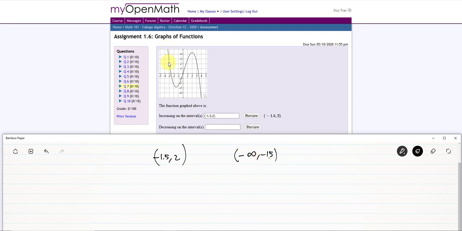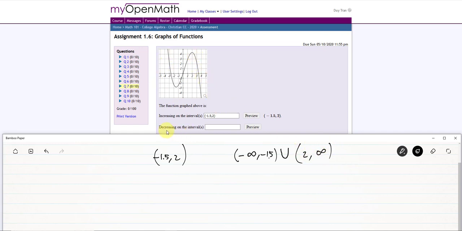That is where your function is decreasing, and then now it's increasing, so we don't count that until here, and then now it's all the way decreasing. So we have to use the union notation, and we start from here with the 2 comma and then all the way to the right, positive infinity.